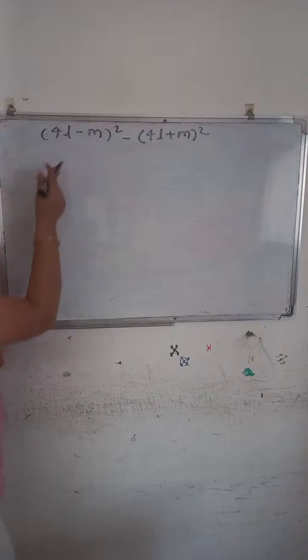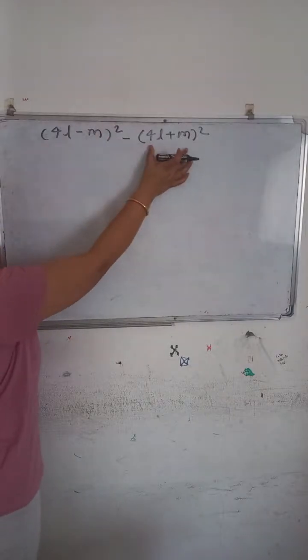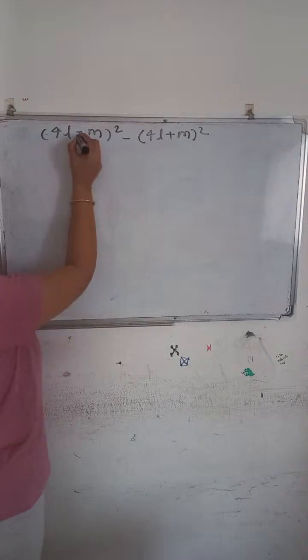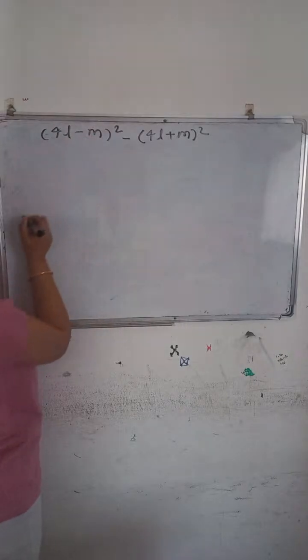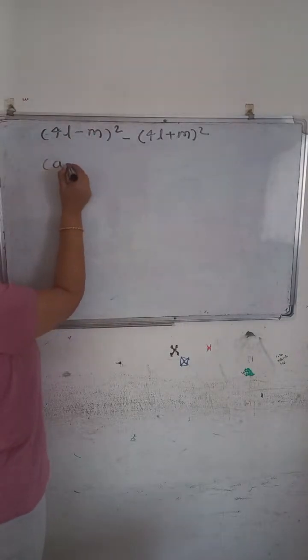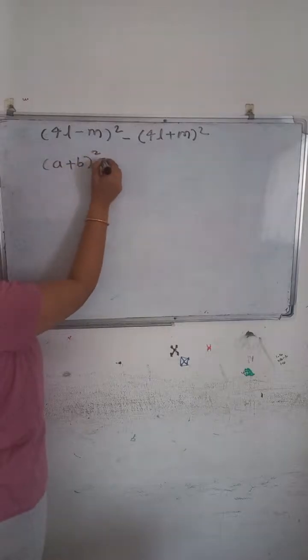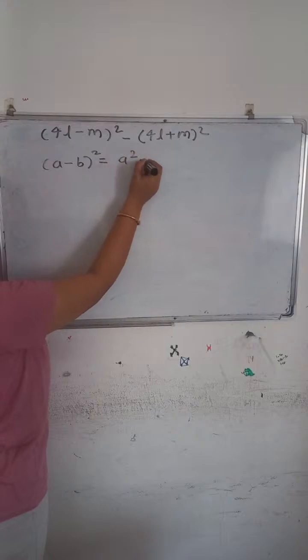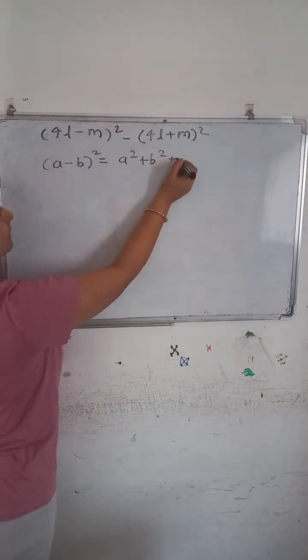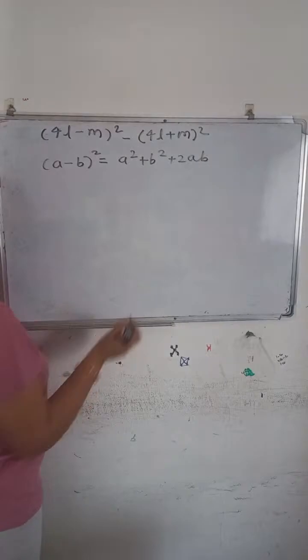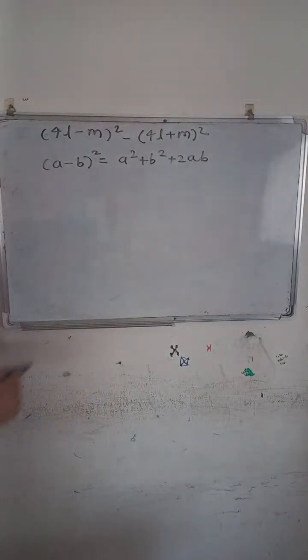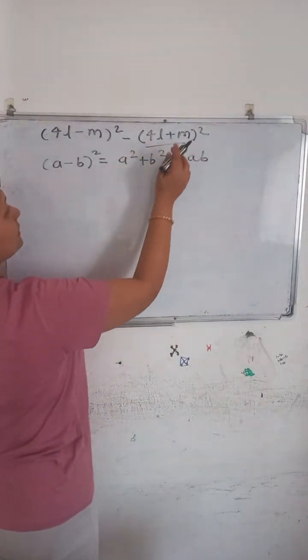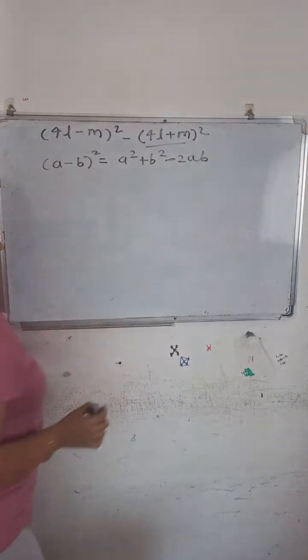So here this entire bracket is squared and this also is an entire bracket squared, but here the middle sign is nothing but what? Negative. So can we use this identity? For (a minus b) square, it will be a square plus b square minus twice ab, where the middle term will be negative.